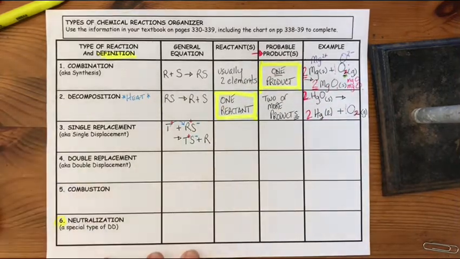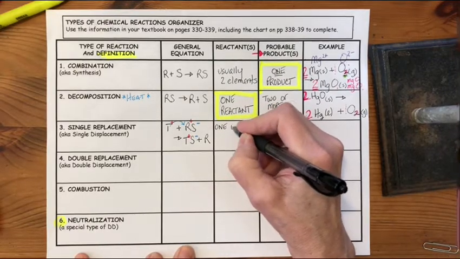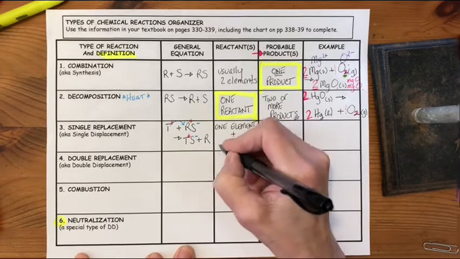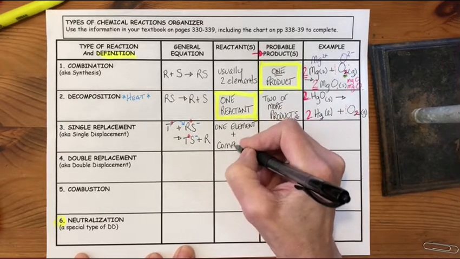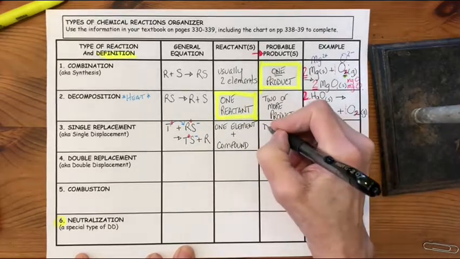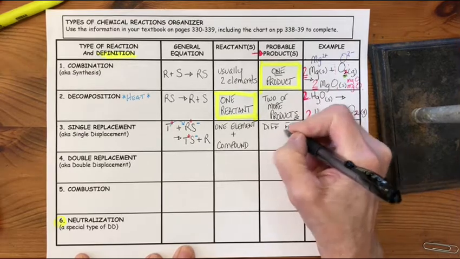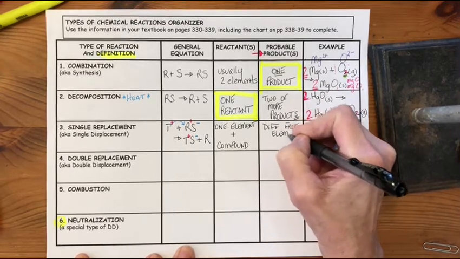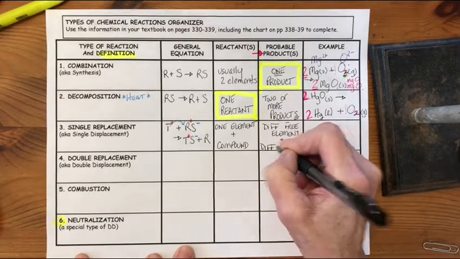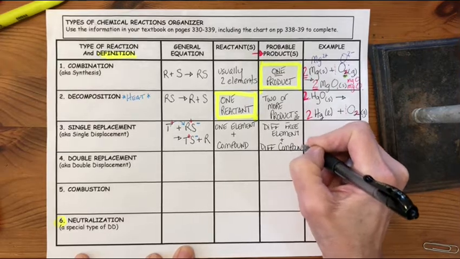The gist of this is you've got one element by itself and a compound. And you end up with a different free element by itself and a different compound.